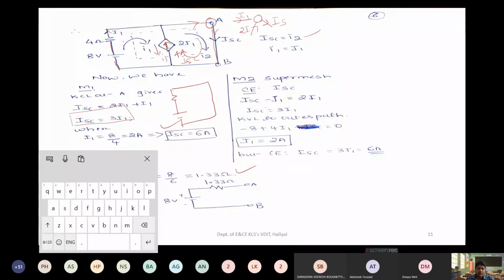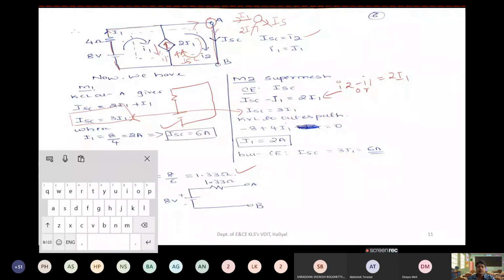So we can write I2 minus I1 equal to 2 times I1. Again you find that I short circuit is 3 times I1 only, so both equations are the same.